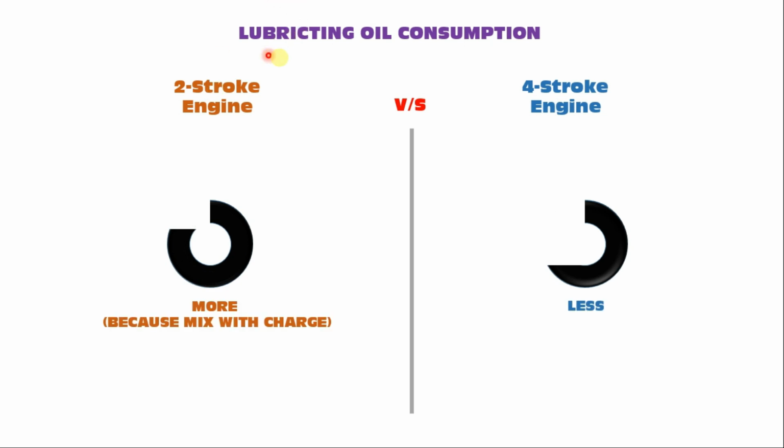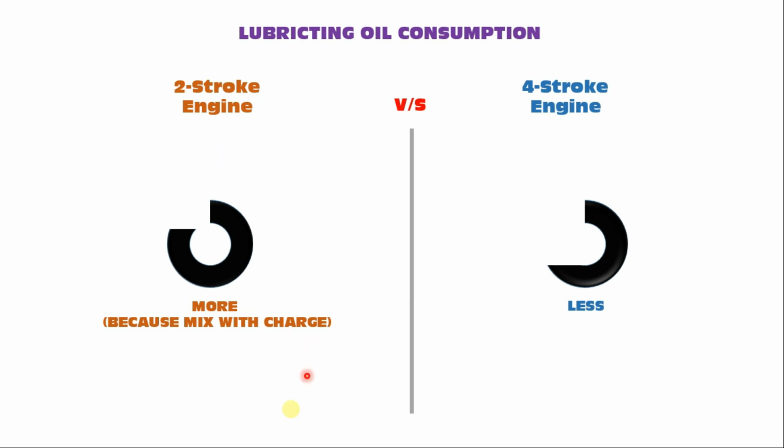Now, lubricating oil consumption. In two-stroke engine, the lubricating oil consumption will be more as compared to four-stroke engine, because in two-stroke engine we are first taking the charge inside crankcase, and then in next cycle we are moving it from transfer port to cylinder.